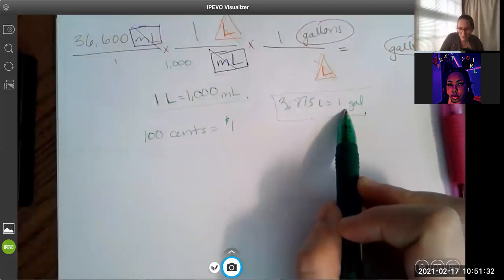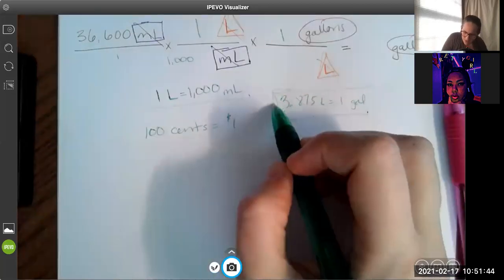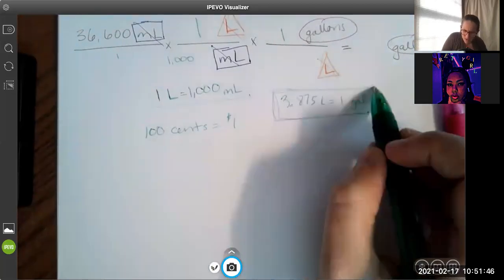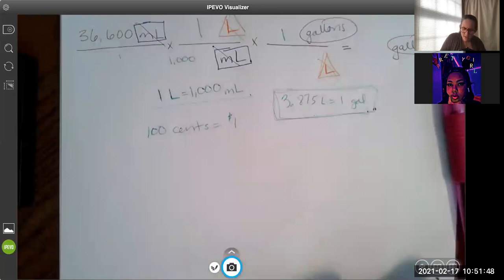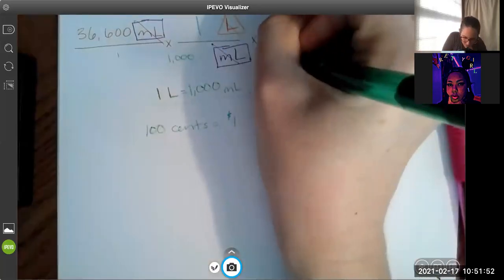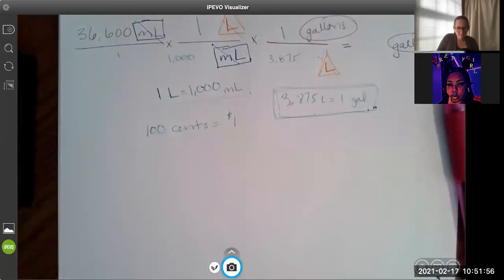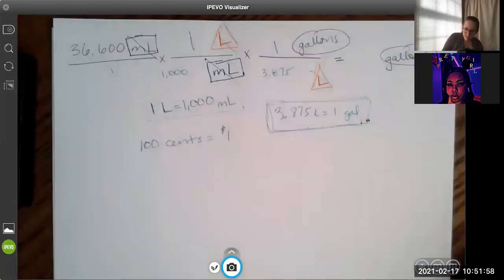And just to finish it out, what's the number that's going to go with the liters? 1. There's a lot of ones here. Here's your conversion fraction. 3.875. There you go. Okay. All right. This is looking good.